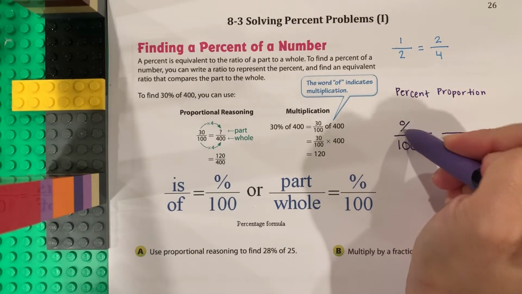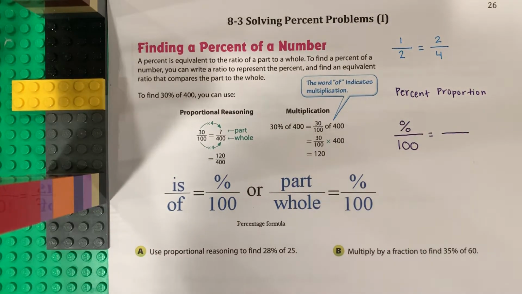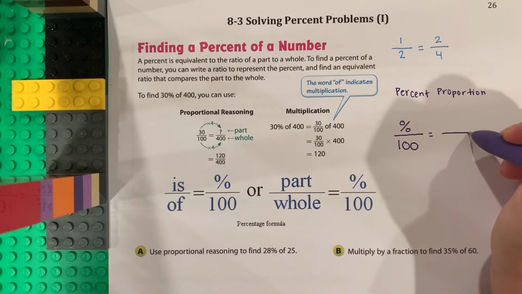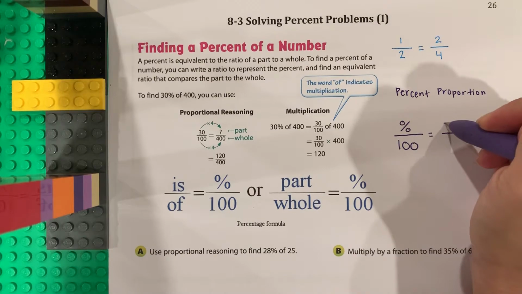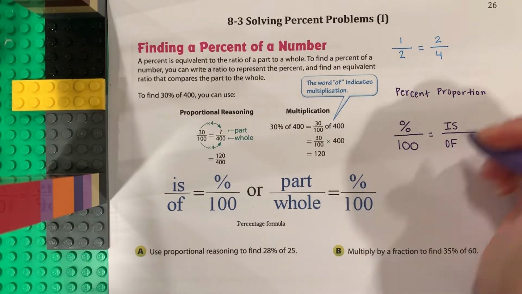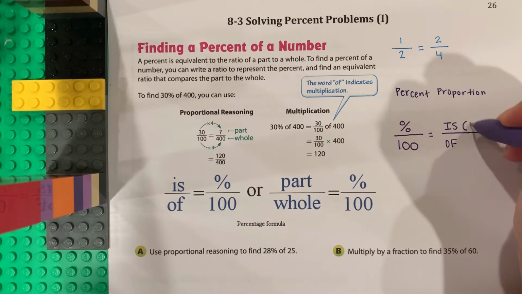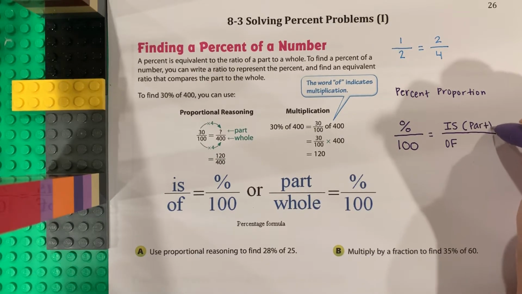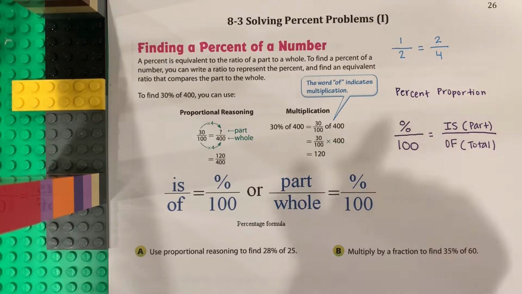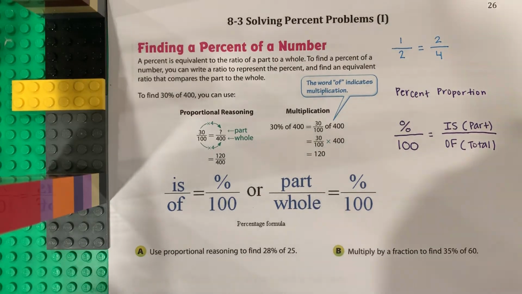Your numerator is the part percent. On the other side of the percent proportion, you're going to have is over of, or in word problems, you will be looking at part over the whole or the total.